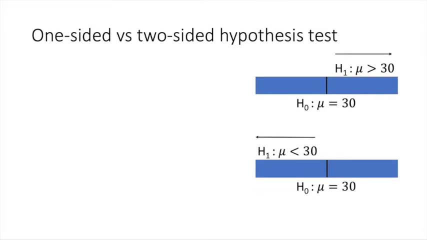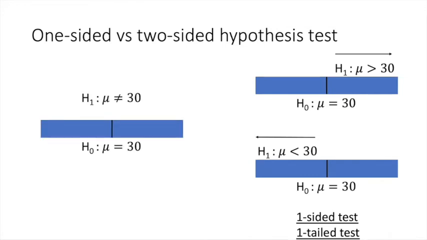Likewise, if the alternative hypothesis is that the mean is less than 30, then the test will again check the probability of observing the sample mean only on one side, and that is below the mean value of 30. Hence, each of these tests is a one-sided or one-tailed test.